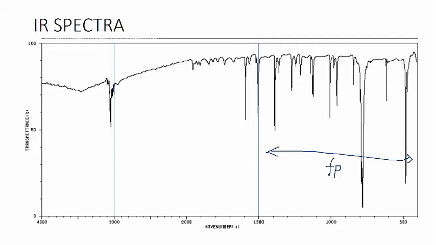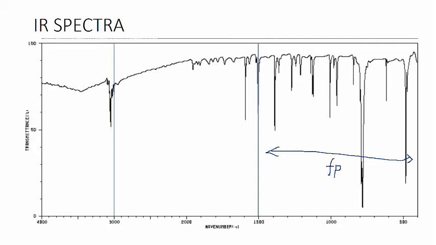Notice that there is one signal that fell on 1500 wave number, and we already asked our lecturers about this situation, and we can consider this line included in the fingerprint area.